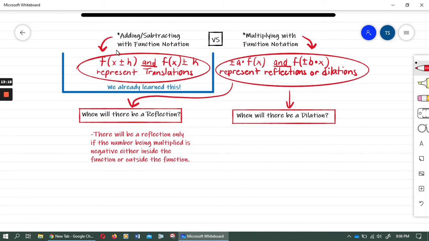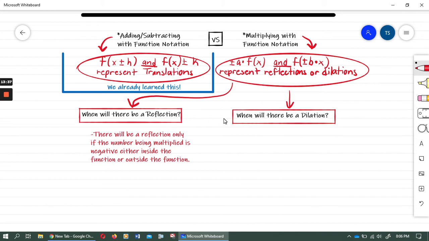But back to this: when will there be a dilation? There's only going to be a dilation if the absolute value of the number being multiplied is not 1.